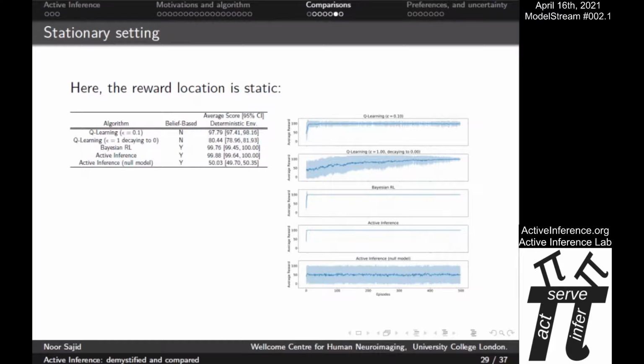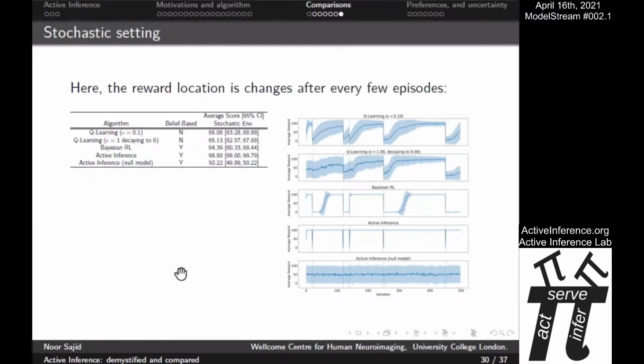Perfect, thank you. Okay, and then following on from that, we changed the environment a little bit to make it more difficult, to see whether the Bayesian and the active inference agents might struggle when we start having the reward location change after every few episodes. Specifically, we swapped the goal and the hole location at time point 21, at time points 121, 141, 251, and 451.